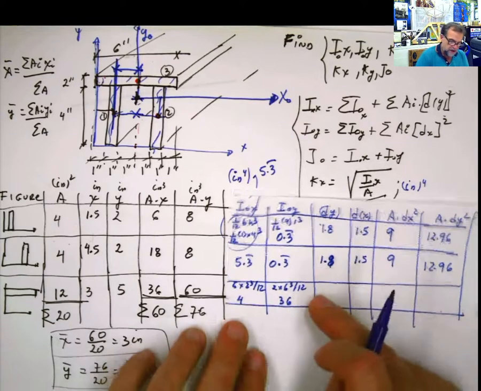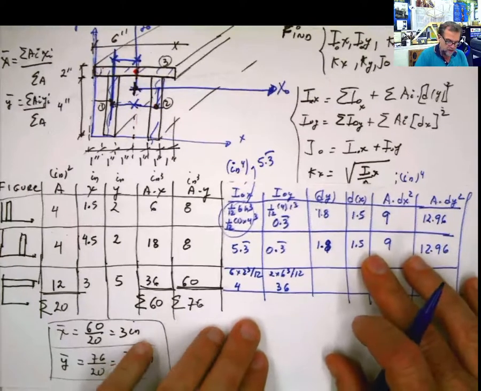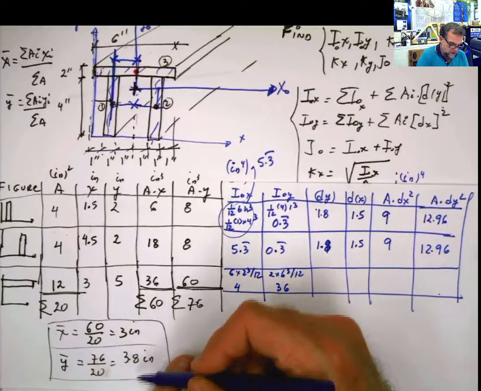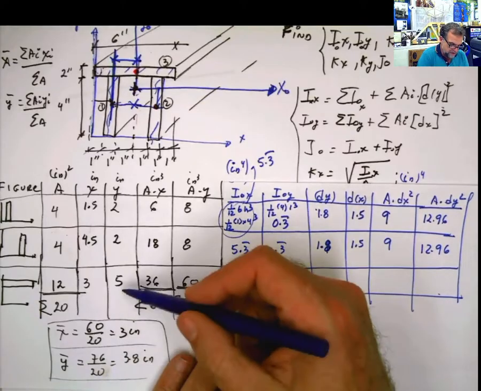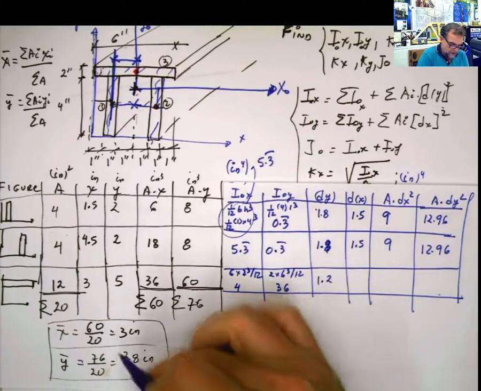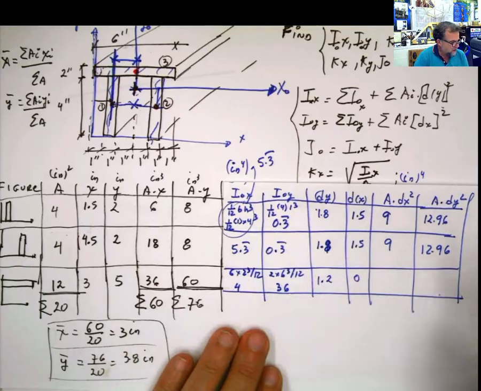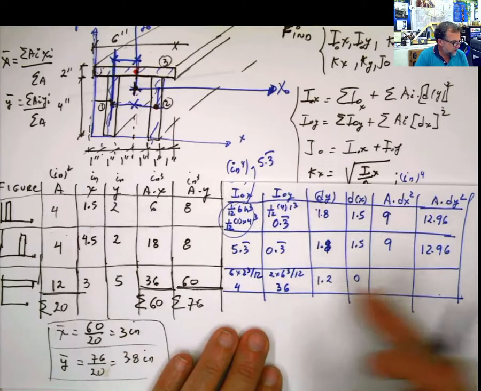Now distance in y, let's say that I don't want to even bother thinking what the distance in y is. The only thing that I have to do is get this 3.8 and subtract this 5. 3.8 minus 5 is 1.2, and 3 minus 3 is 0. I know that I say that I don't care, but let's do the analysis of where these come from.